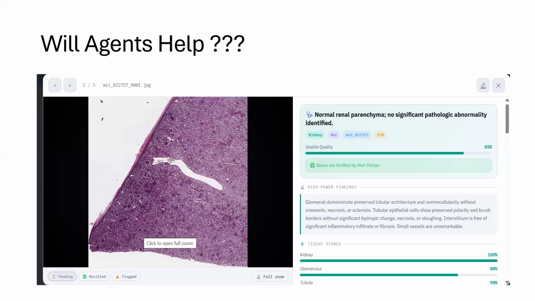And will agents help? Yes, of course. This is a biopsy we gave to Kimi, an open model, and we got some good predictions, like this is a normal renal parenchyma. We have enough images, and manual annotation is difficult.